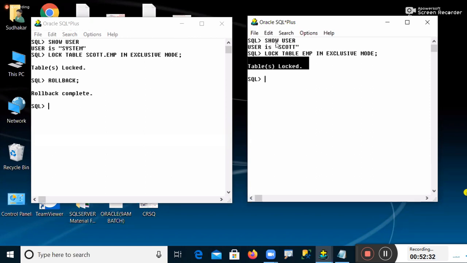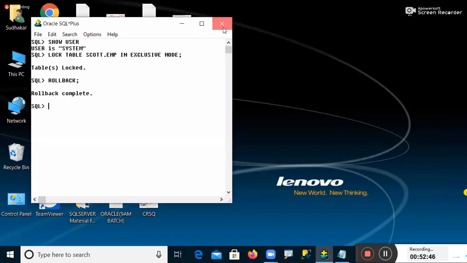Okay? So this is one of the small concepts in our SQL database. These are called locking mechanisms. We call that. Okay?